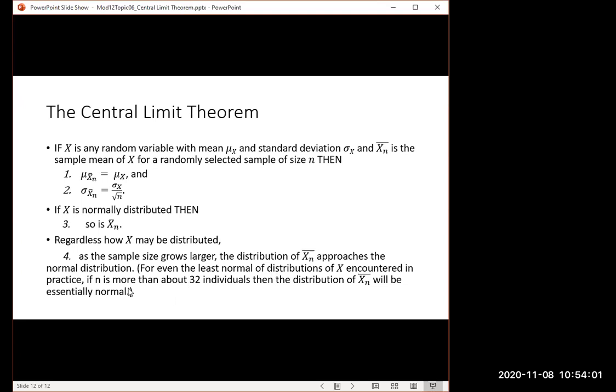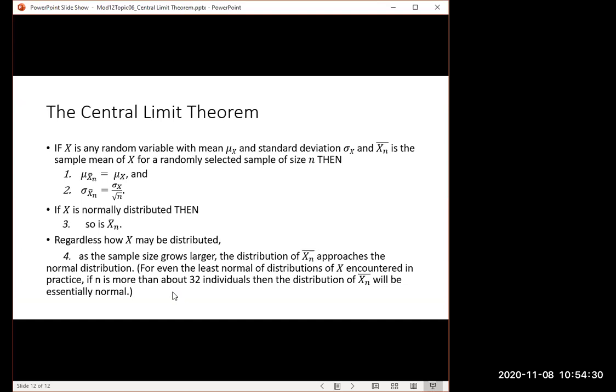according to both Triola and also the other author, Moore, they both agree that somewhere around 30 or 32, it seems like there's no noticeable difference between the distribution of the sample mean and the normal.